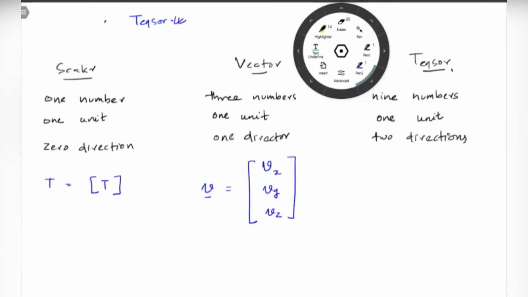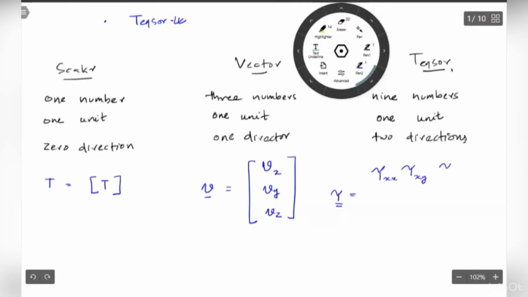Now comes the tensor. One of the beautiful examples of a tensor is the stress tensor, equals tau xx, tau xy, tau xz, tau yx, tau yy, tau yz, tau zx, tau zy, tau zz.